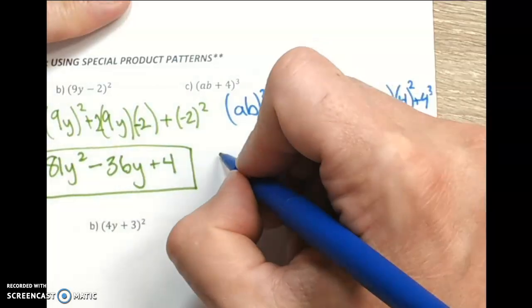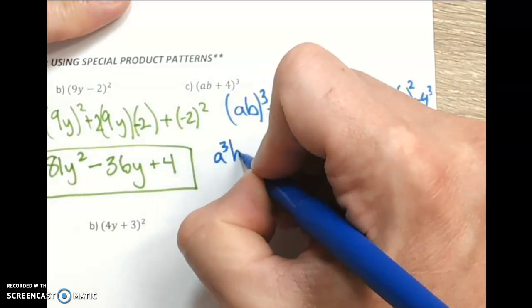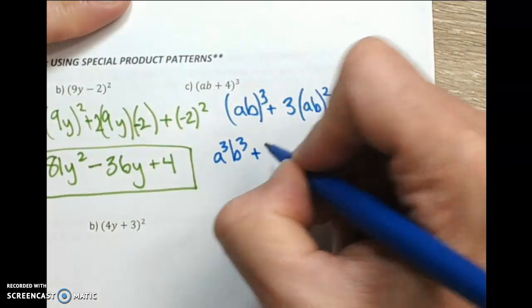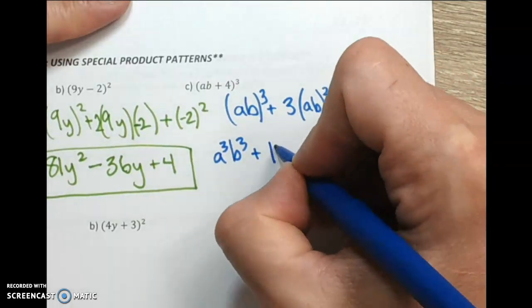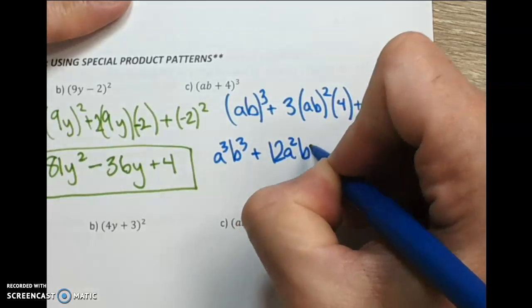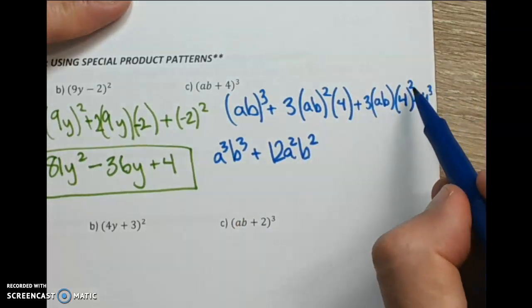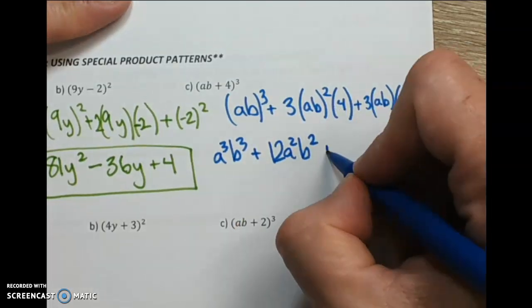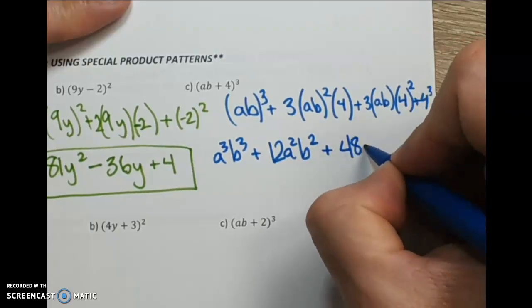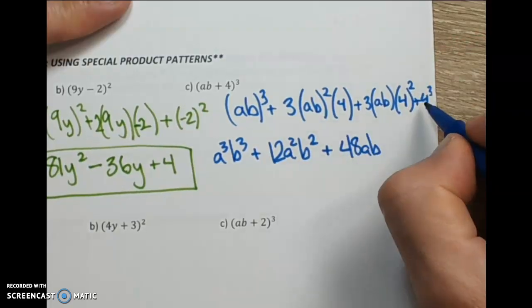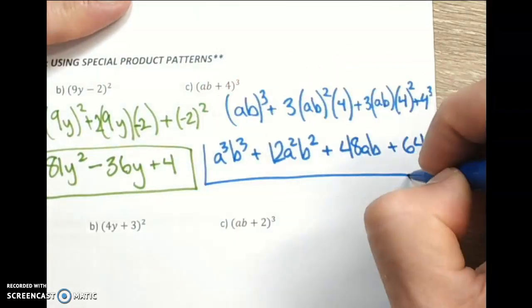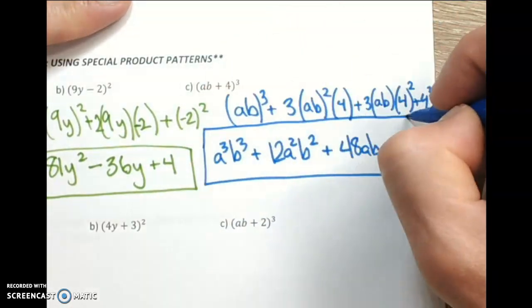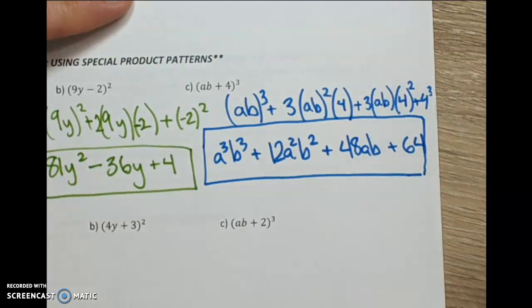So 4b cubed is actually going to be 64b cubed. And it's going to be 3 times 16b squared times 4, so it's going to be 192b squared. And then 3 times 4b times 16 is 192b. Then 4 cubed is 64. And that's your answer.